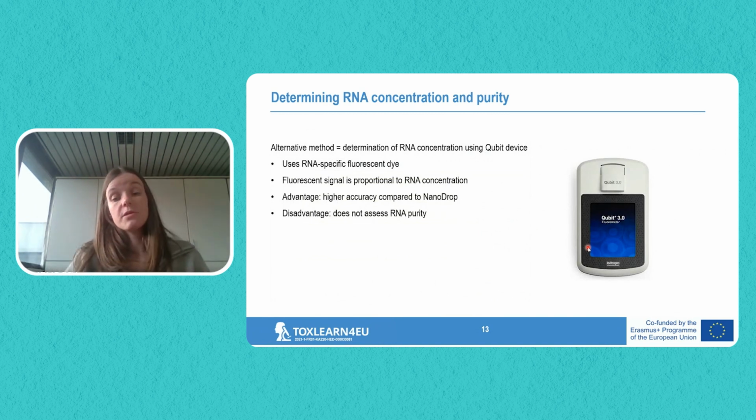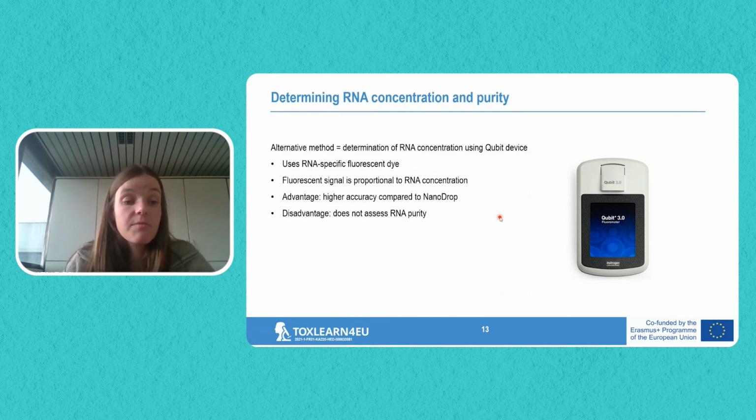Whereas the nanodrop is used a lot to determine RNA concentration, an alternative method that can be used is the qubit. This is this device that you can see over here. And this device works with an RNA-specific fluorescent dye. And the fluorescent signal that is then emitted by the dye is proportional to the concentration of RNA.